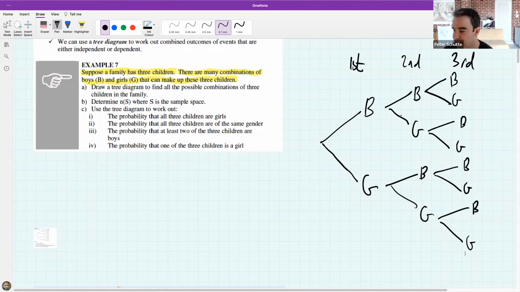So I want to see in the chat, does this tree diagram help you understand how many different combinations there are, or how many different possibilities there are for having 3 children in terms of gender? And if you know, I want you to put that in the chat.